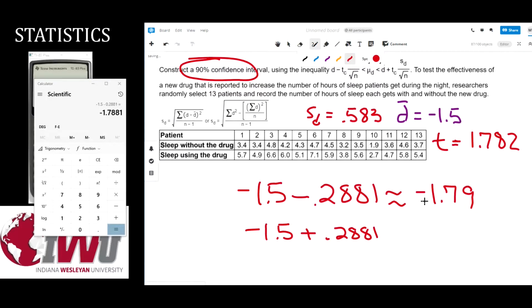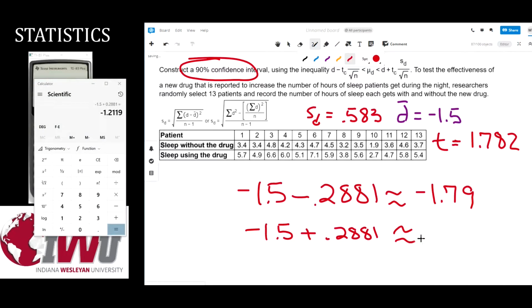Now again, make sure you round to whatever the directions say. I'm just going 2 decimal places here. And then let's go over here to the negative 1.5 plus the 0.2881. And so approximately negative 1.21.